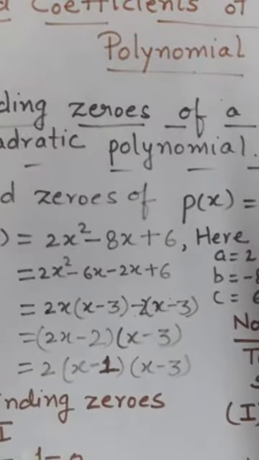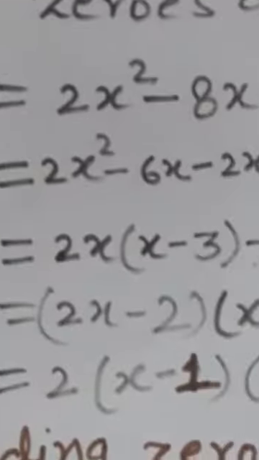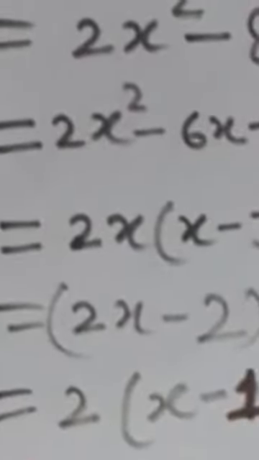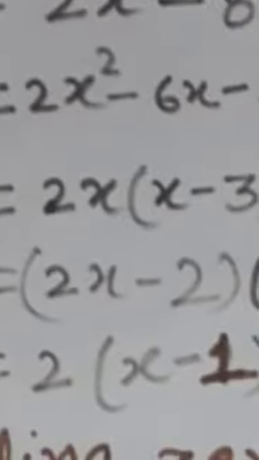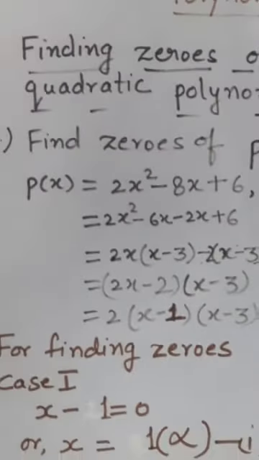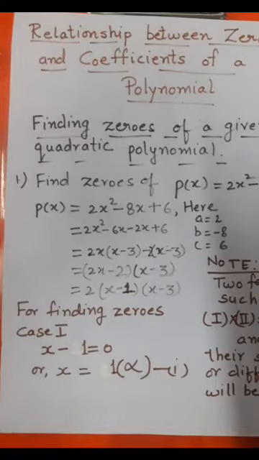It can be written as (2x − 2)(x − 3). Now from 2x − 2 we can take 2 as common and inside the bracket x − 1 will remain. Now we have factorized the given polynomial and we are getting 2(x − 1) and (x − 3) as its factors.